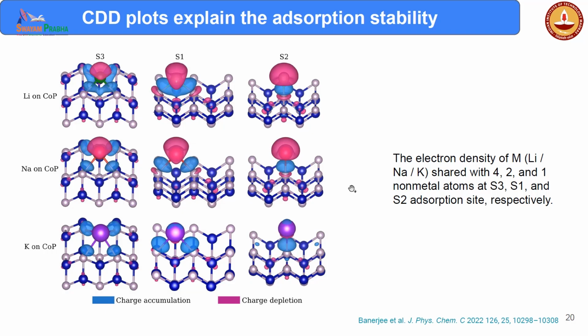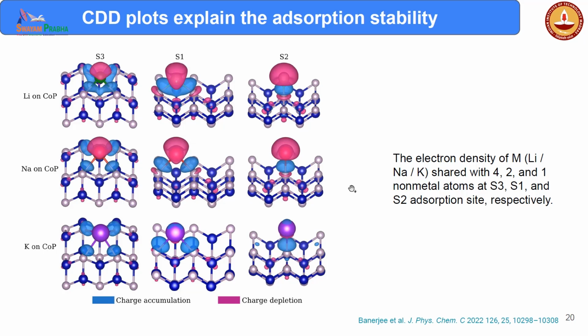For each case that is the same, and here we have shown only for the cobalt phosphide, for lithium, for sodium and for potassium. And you can clearly see that lithium is donating the electrons and it is going to 4 particular atoms there, 4 non-metal atoms. Whereas for the case of the S1 site, it is only going to 2 atoms. And for the last one, it is going to only 1 atom.